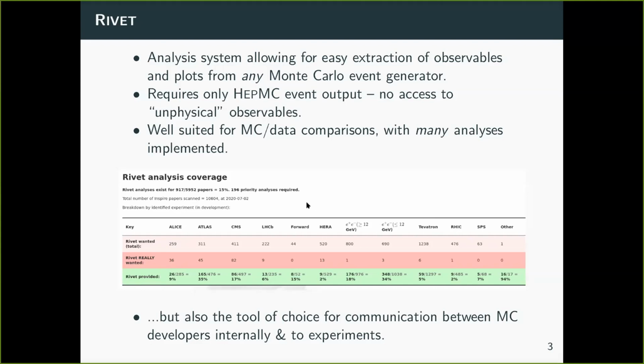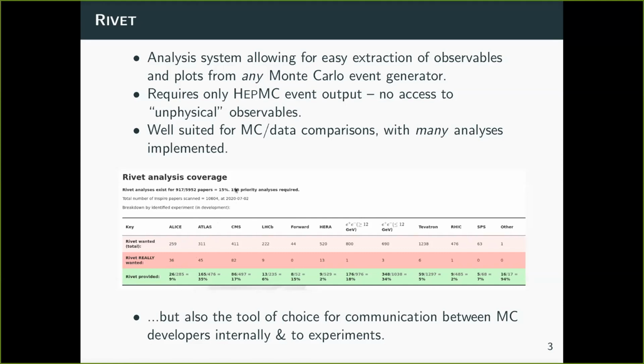There are some old SPS analyses, there are analyses from RHIC and Tevatron made available, and there are quite a few LHC analyses, in particular, as you will see, ATLAS analyses. That is simply due to the fact that a lot of the original Rivet authors were ATLAS members, and ATLAS thus have had a bit of a preference.